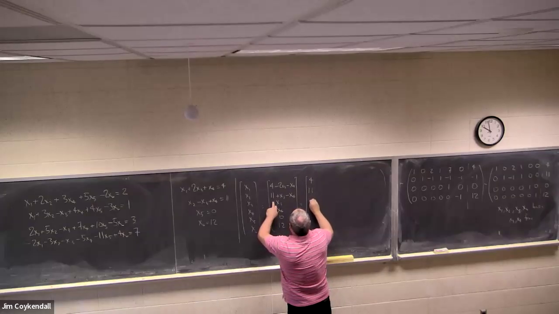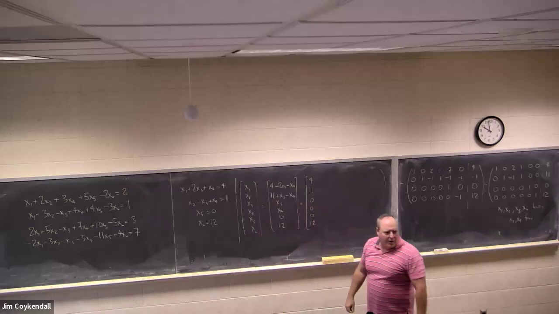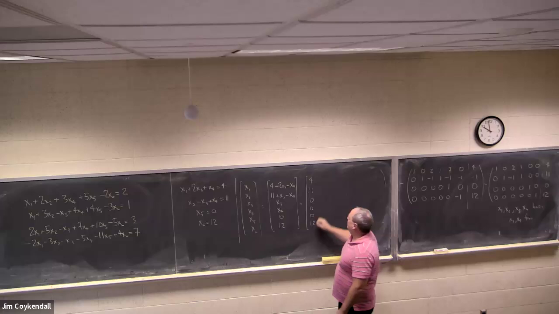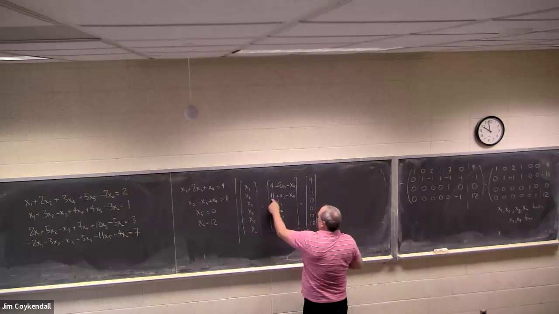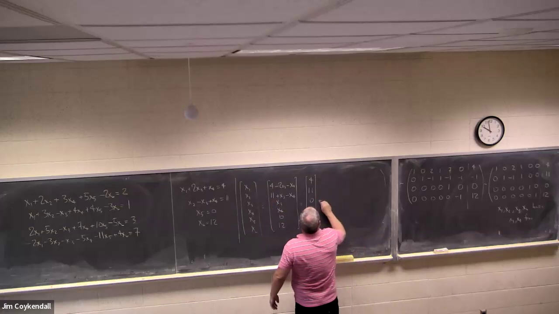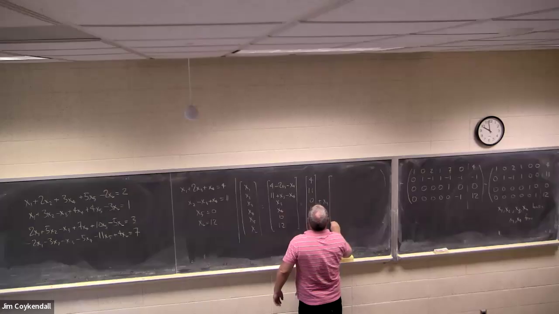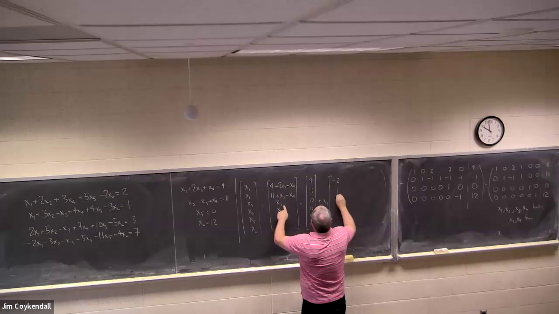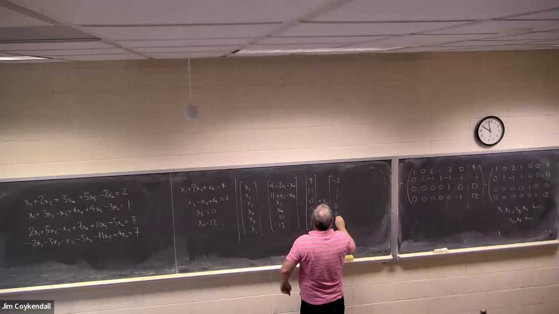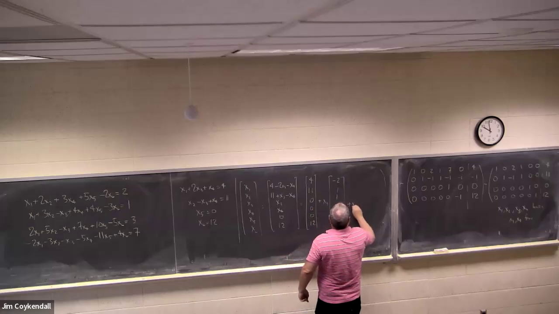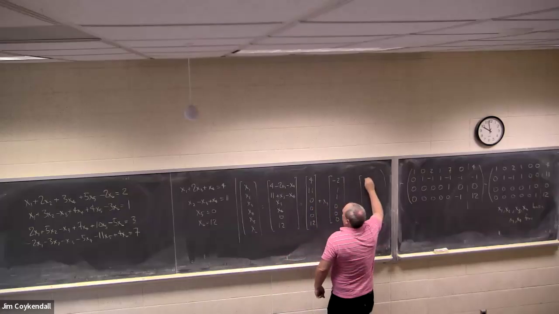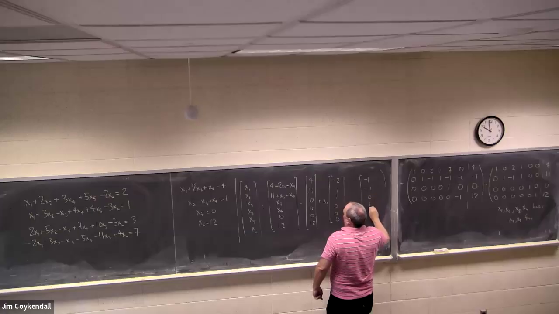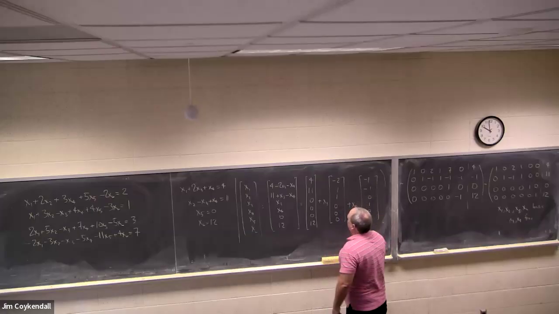4, 11, 0, 0, 0, 12. Those are all the numbers I find. It's just, they've got this 4 and 11 and 12. Plus x3 times minus 2, 1, 1, 0, 0, 0. Plus x4 times minus 1, 0, 1, 0, 0.